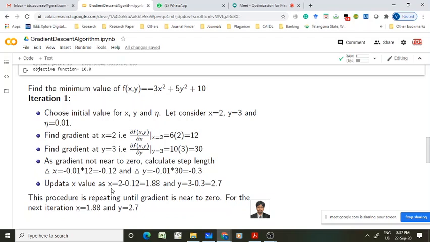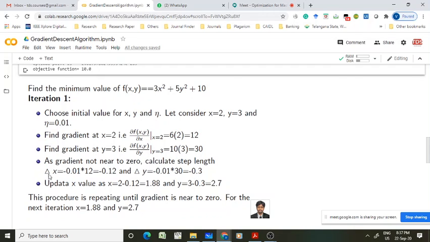Later you have to update both points x and y, so you have to find delta x and delta y. Delta x equal to minus eta dou f by dou x, and similarly delta y equal to minus eta dou f by dou y.